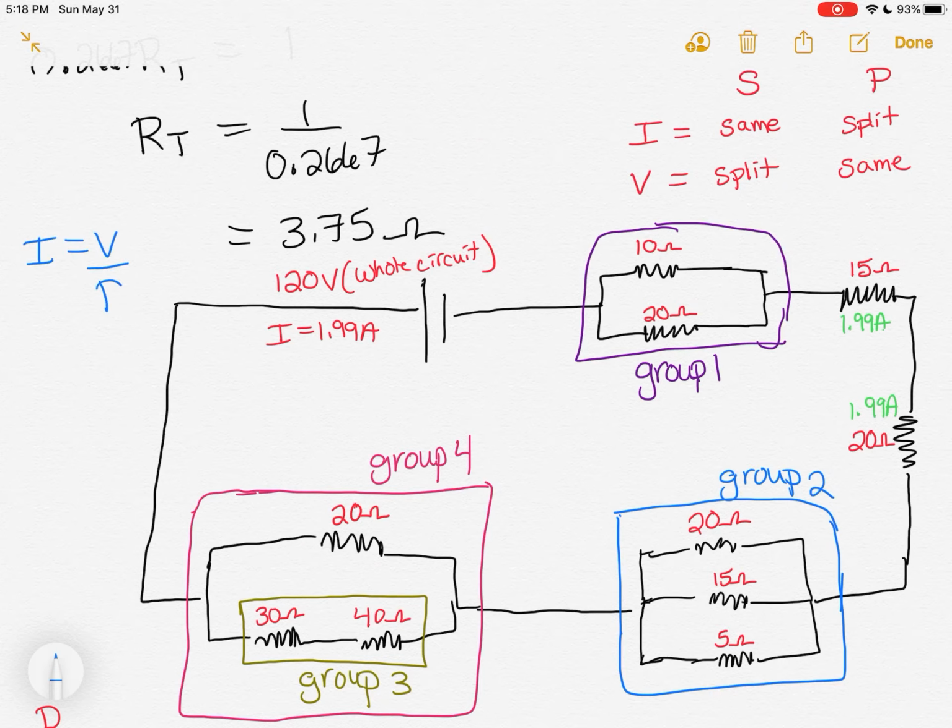We're just using our formula, I is equal to V over R. So when we're trying to calculate the voltages, we're going to use the resistance times the current. So that means the voltage at this 15 ohm resistor is 29.85 volts.